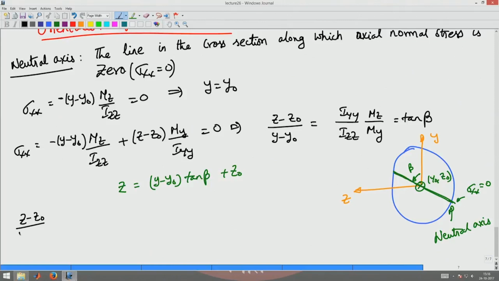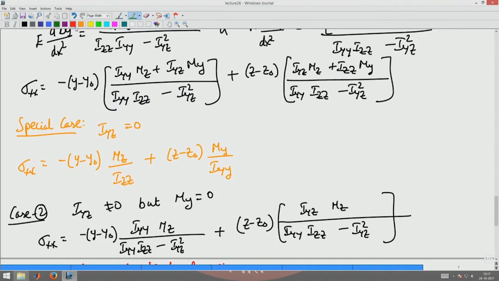Now, let us consider a general case. In the general case, I will get tan beta as again (z minus z naught) by (y minus y naught). By general case I mean this expression. I am going to equate it to 0 and write (z minus z naught) by (y minus y naught) as this divided by this expression.